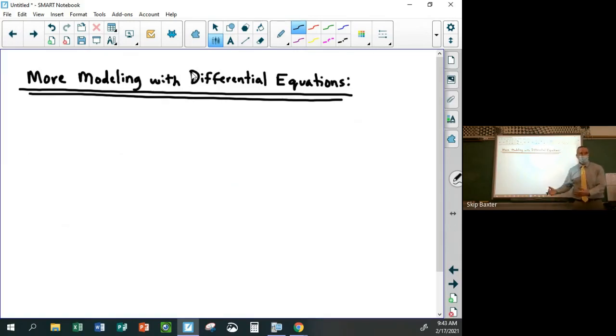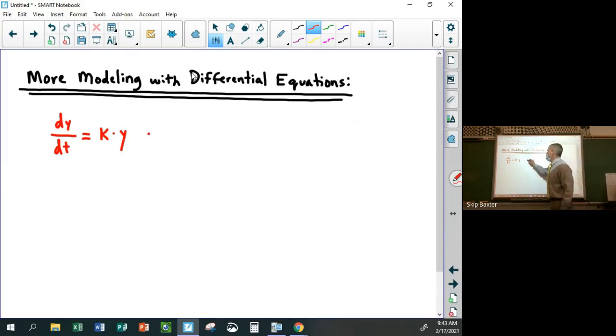This corresponds to the differential equation dy/dt equals k times the quantity y. This always yields an exponential function, y equals c times e to the kt. You solve this differential equation, and this is the general solution you get every time. Any questions on how we get from there to here?